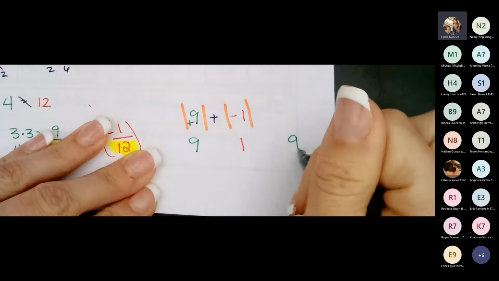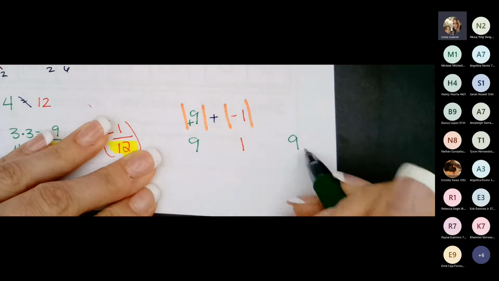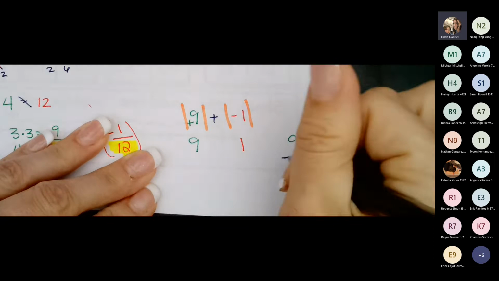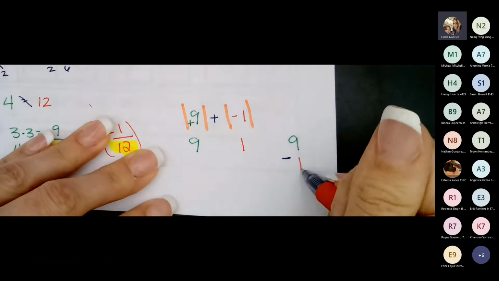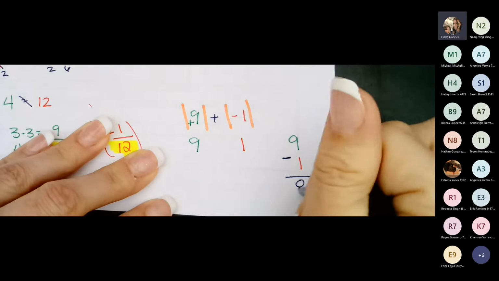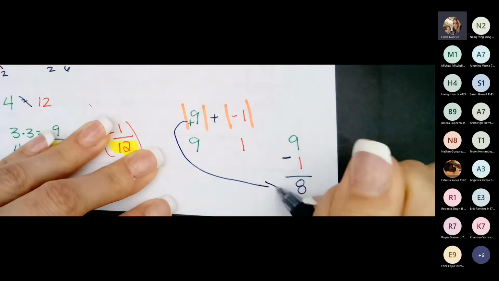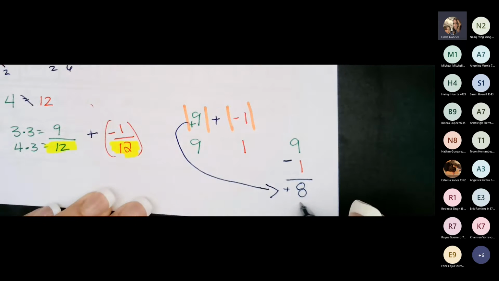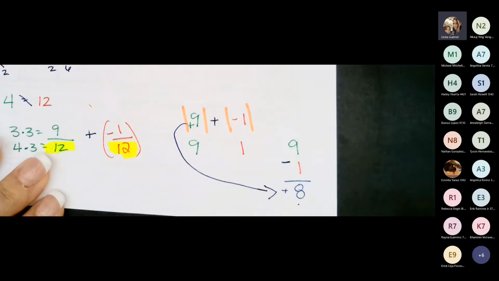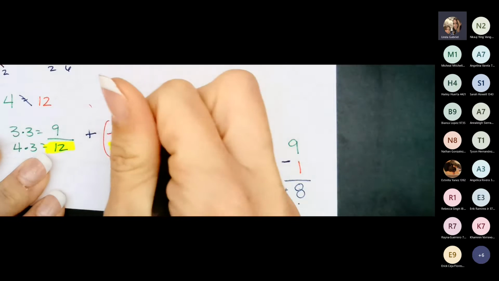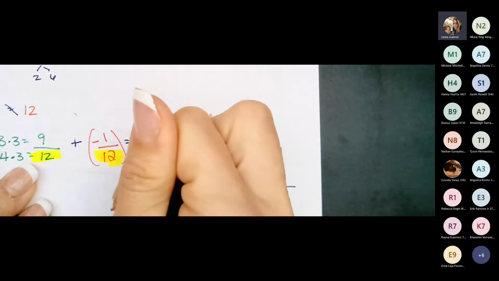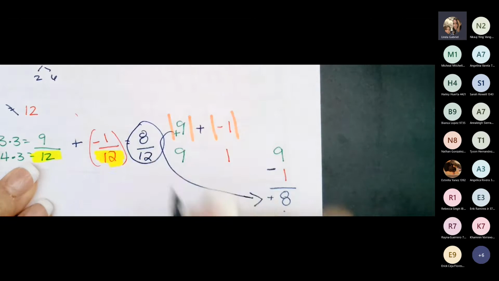I need to subtract 1 from 9, right? So I'm at 9 minus 1, that equals 8. Take my positive sign over, right? Positive 8. So now I just need to bring it back over, and I'll have 8/12 as my final answer.